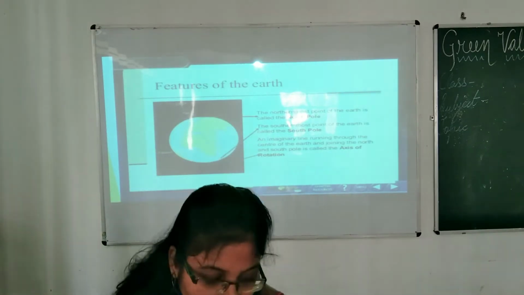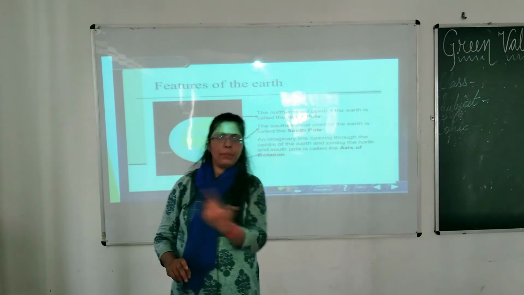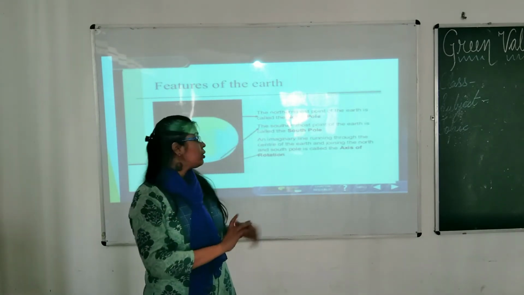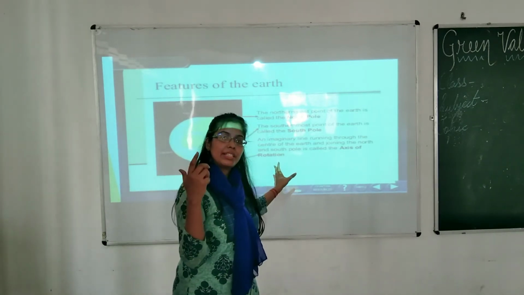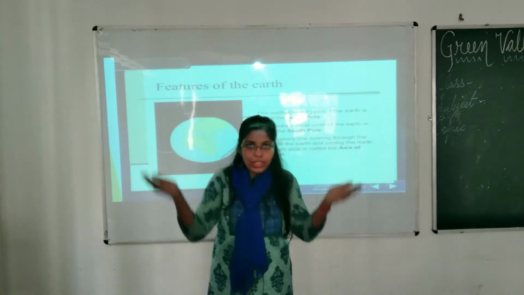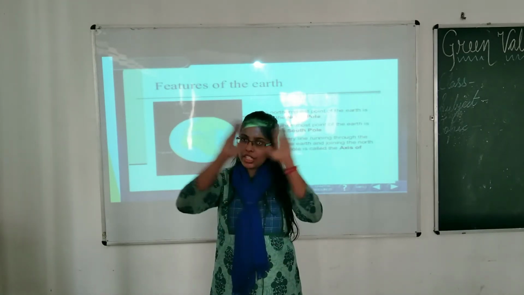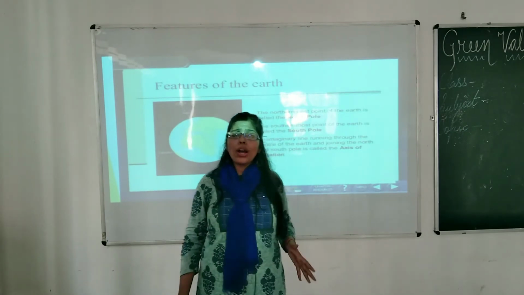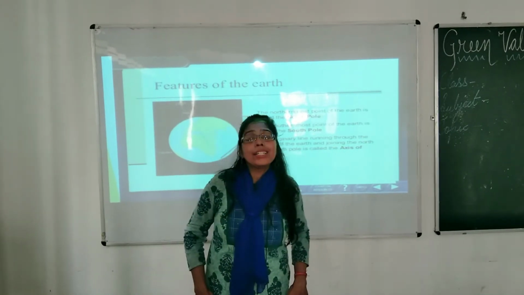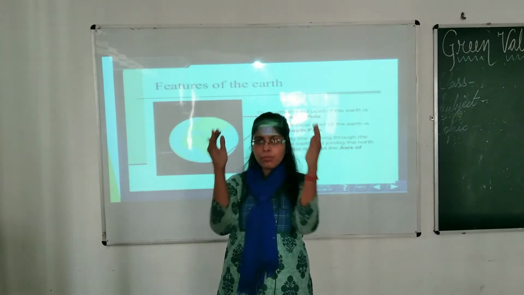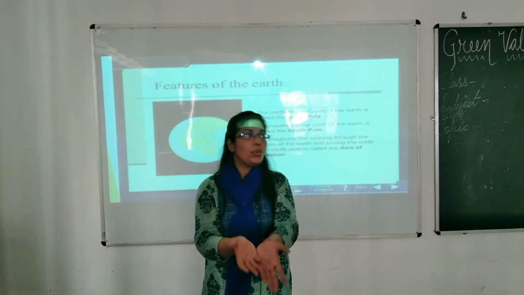As you have seen with your tops, you spin the top, so what happened? It rotates. So the rotation takes place on the axis. Hopefully I have made it clear what a globe actually is. A globe is a 3D model of the earth. It can be large, it can be small, it can be in your pocket, it can be made larger, it can be made smaller, depending on what you are using.